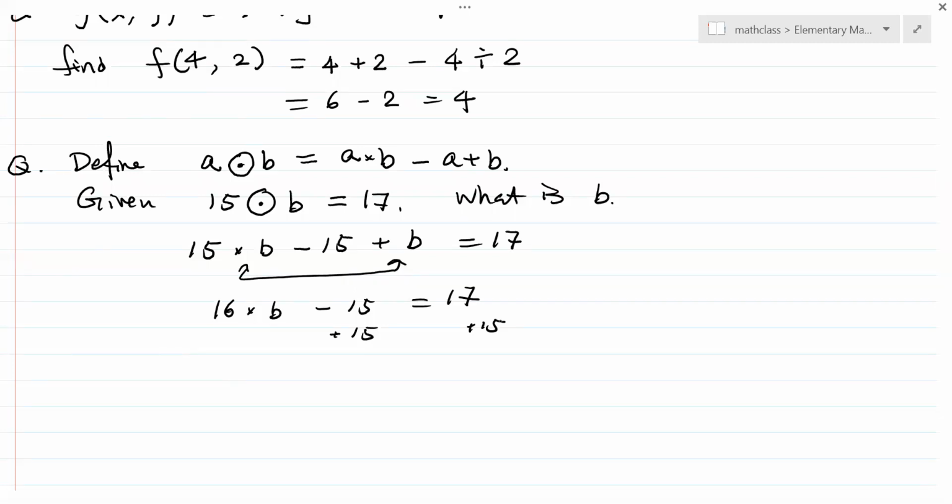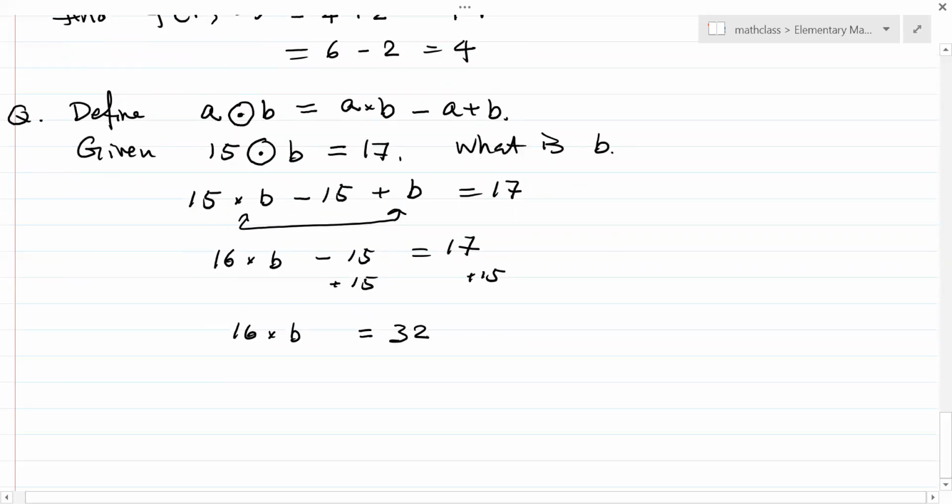See, minus 15 plus 15 is going to be 0. That's probably new, right? And 17 plus 15, everybody knows that it's going to be 32. Okay, 16 times some number is 32. What is that number? That number must be equal to 2.